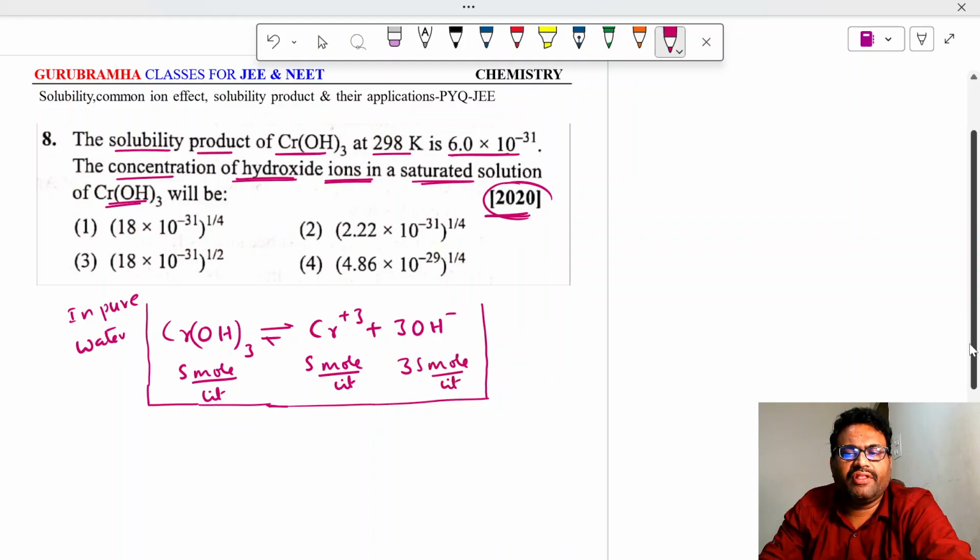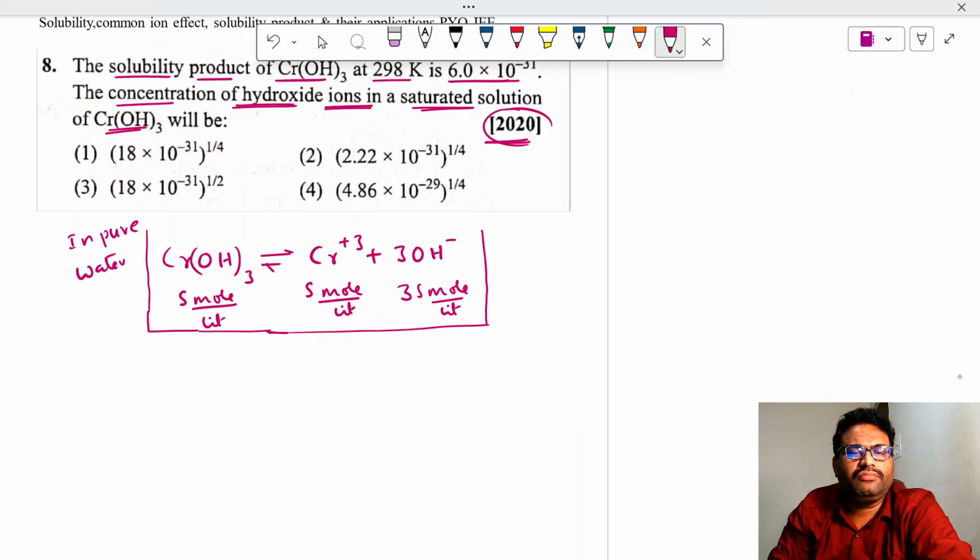Okay, then let us write KSP for this. KSP is equal to the Cr3+ ion concentration into the OH minus ion concentration whole power 3. Chromium ion concentration is equal to S, and OH minus ion concentration is equal to 3S whole cube.